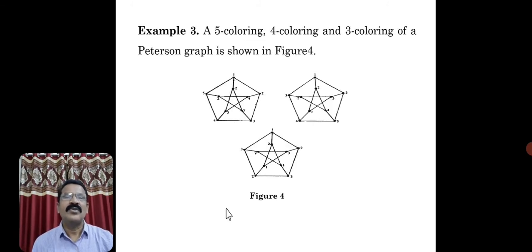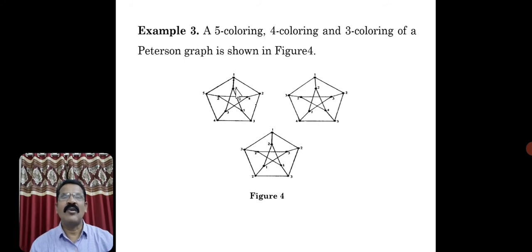Okay. So now let us consider the Petersen graph. Outside it is a cycle with 5 vertices. Inside also it is a cycle with 5 vertices, of course. But you know the complement of the cycle C5, the cycle with 5 vertices, is self-complementary.